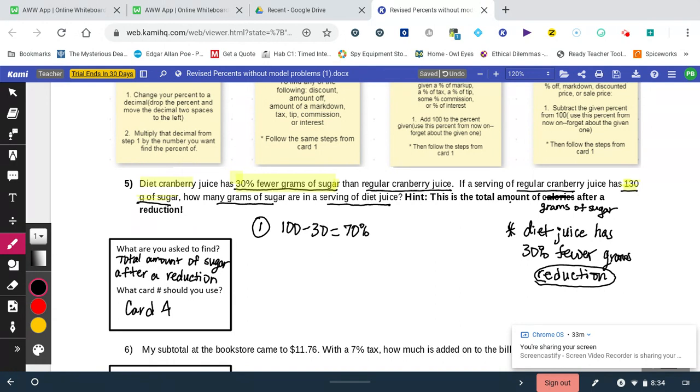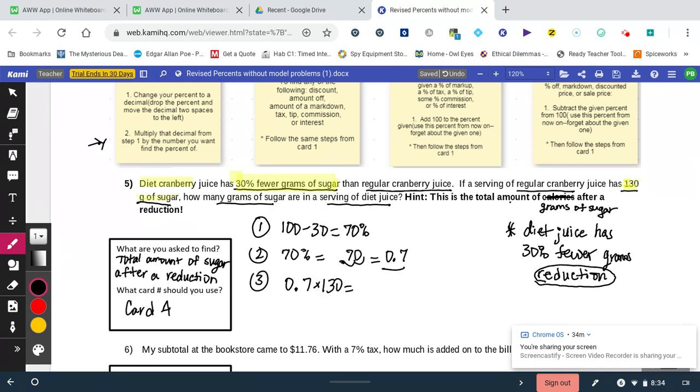Okay? All right, so now I'm going to go back to card 1, and I'm going to change this percent to a decimal. I'm going to drop the percent and move it 2 places to the left. So I'm going to use 0.7, and multiply that decimal by the number of grams in regular cranberry juice, which is 130.